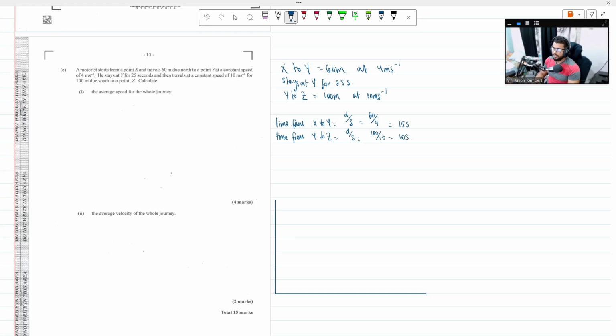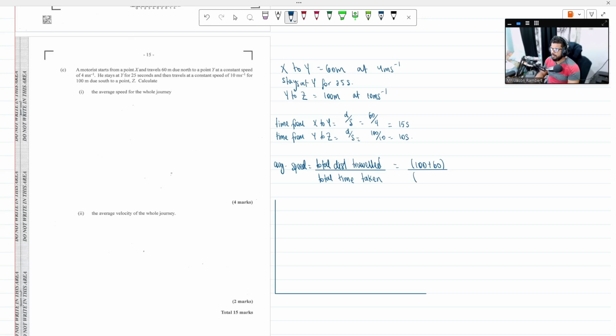So I can actually calculate my average speed, which is equal to total distance traveled divided by total time taken. Total distance traveled is going to be 100 plus the 60, divided by total time taken.